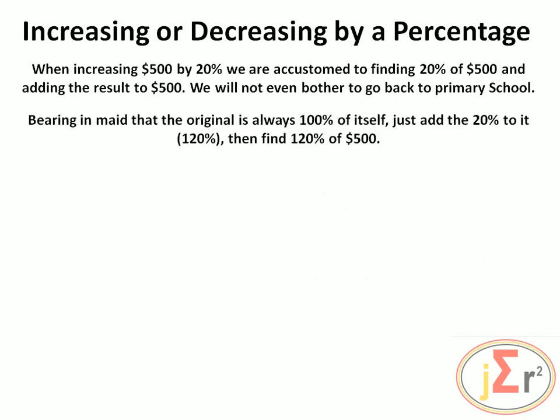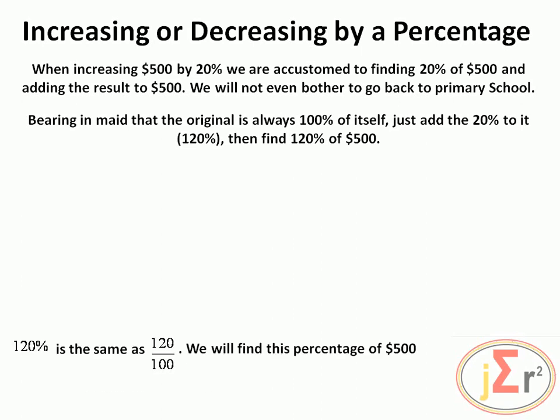Bearing in mind that the original is always 100% of itself, if we are going to be increasing by 20%, all we need to do is add 20% to the original. So we add 20 to 100, we get 120%. So we need to find 120% of $500.